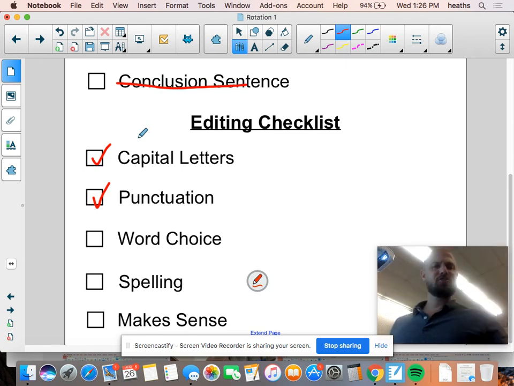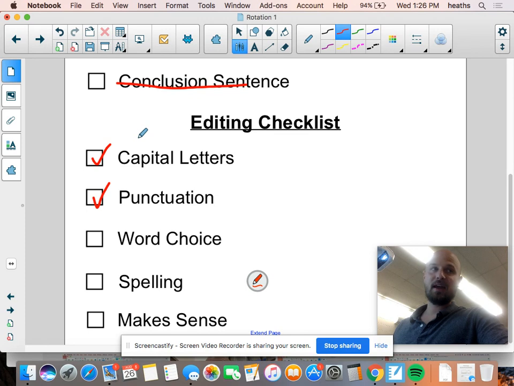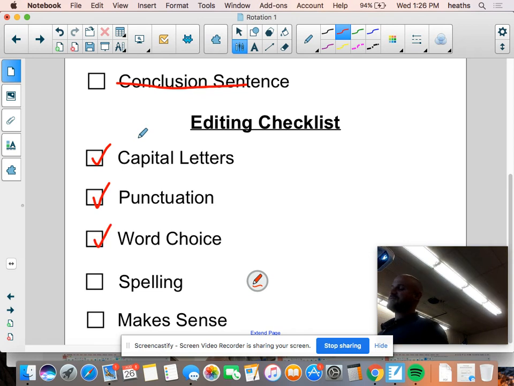How about your word choice? Could you go back through and add any words that maybe would make your paragraph sound a little better? Maybe add in some grade level vocab that we learned over the course of this school year rather than using basic words. Was there anything that was spelled incorrectly?